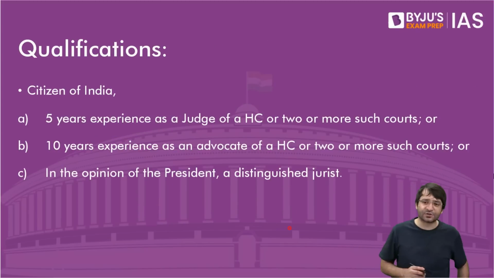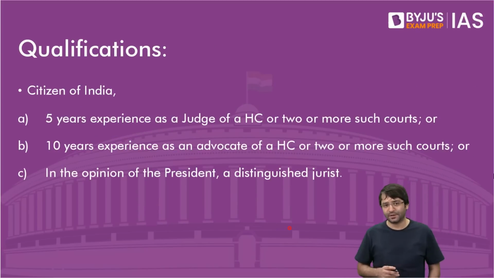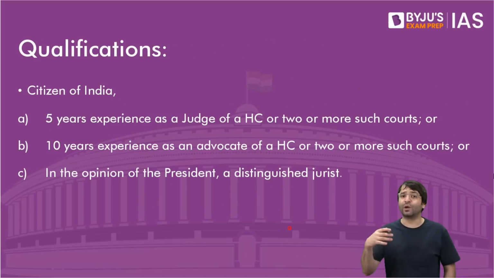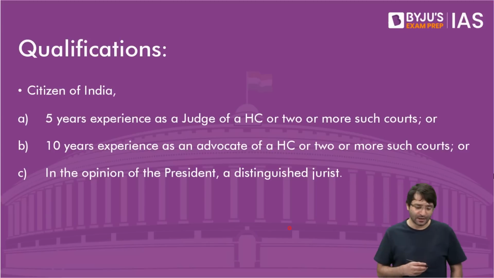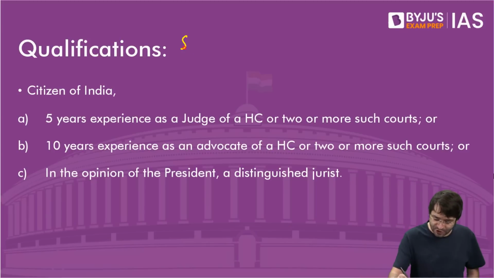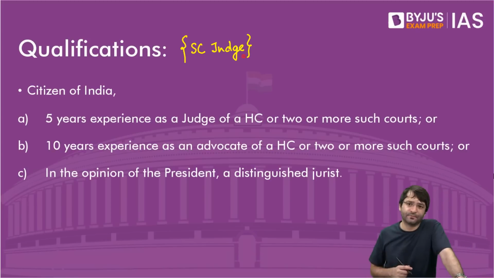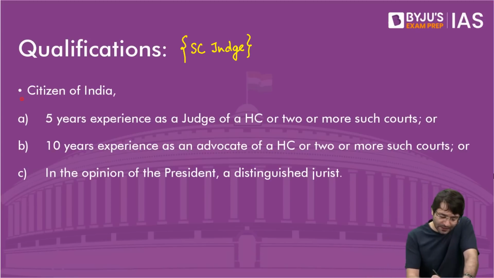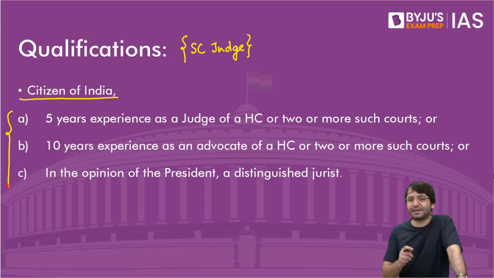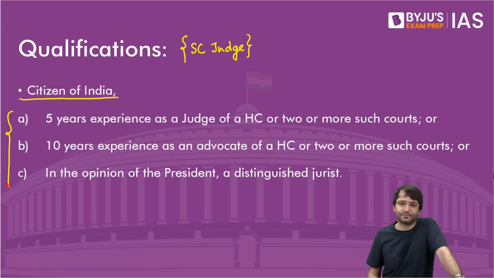But how are these judges appointed? For that, we need to look at the qualification of a judge. In order to become a judge of the Supreme Court, one should first be a citizen of India. Number 2, if you are a citizen of India, then you have to meet one of 3 criteria.